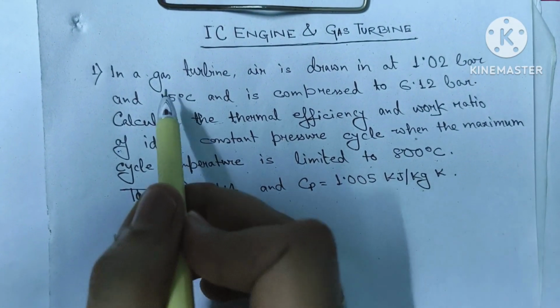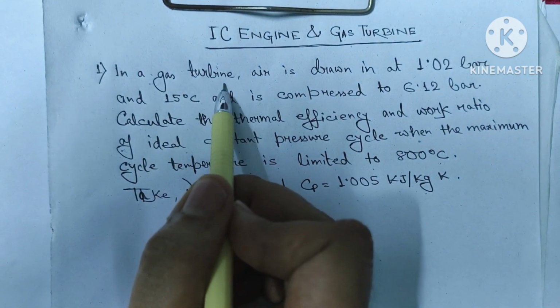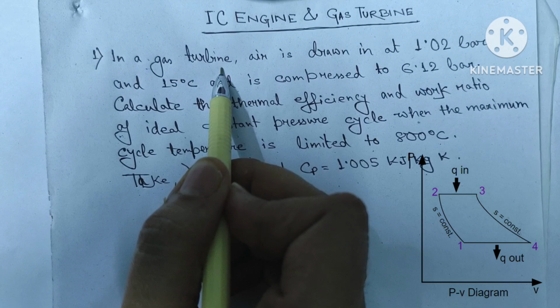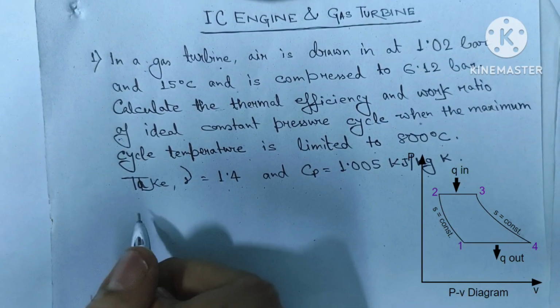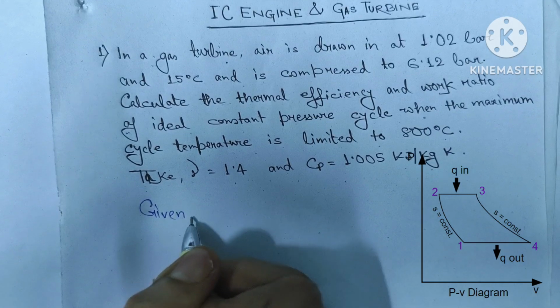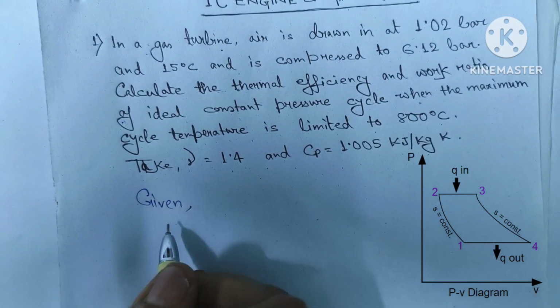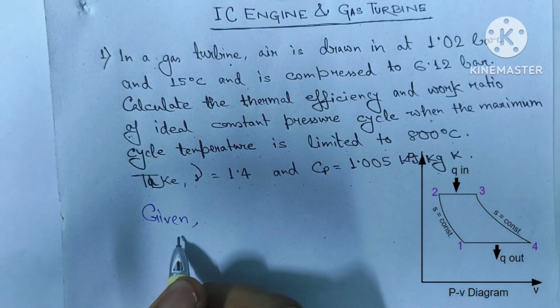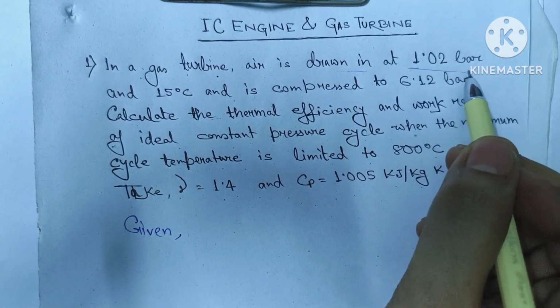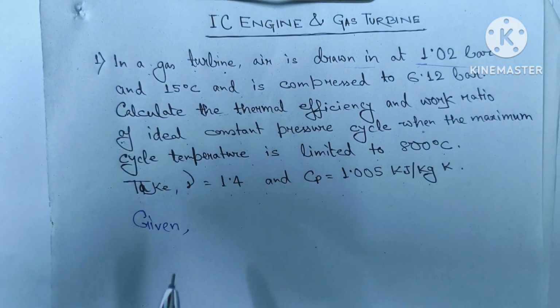So as it is said, it is a gas turbine, so it will work on Brayton cycle, right? So first let me write the given part. First it is given that air is drawn at 1.02 bar and 15 degree centigrade.